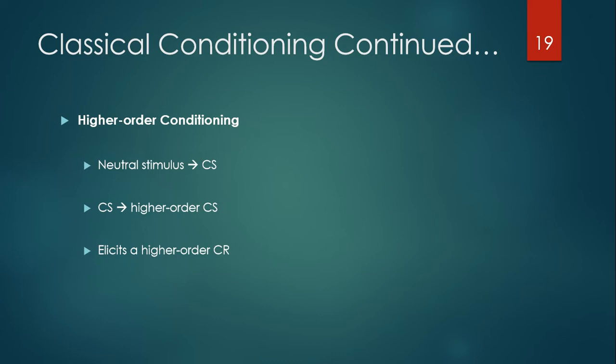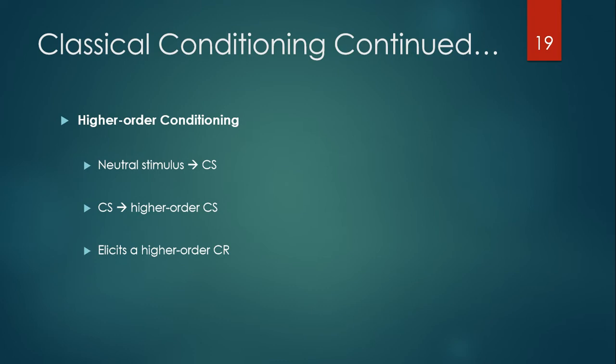Let me rephrase this. So a neutral stimulus becomes a conditioned stimulus. Remember, a neutral stimulus is a stimulus that does not elicit a response, but it's paired with an unconditioned stimulus and it eventually becomes a conditioned stimulus.